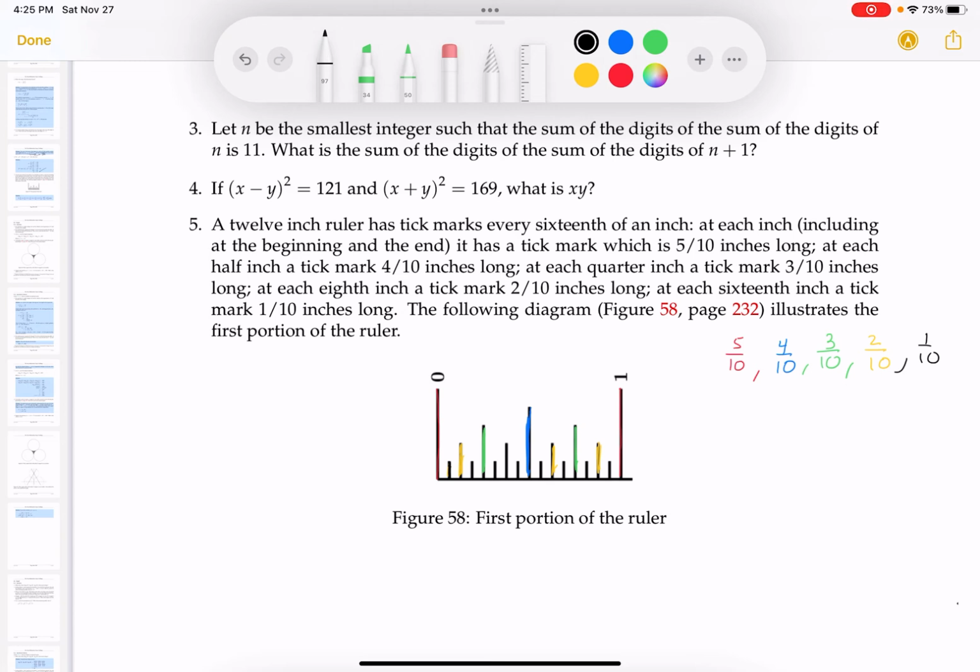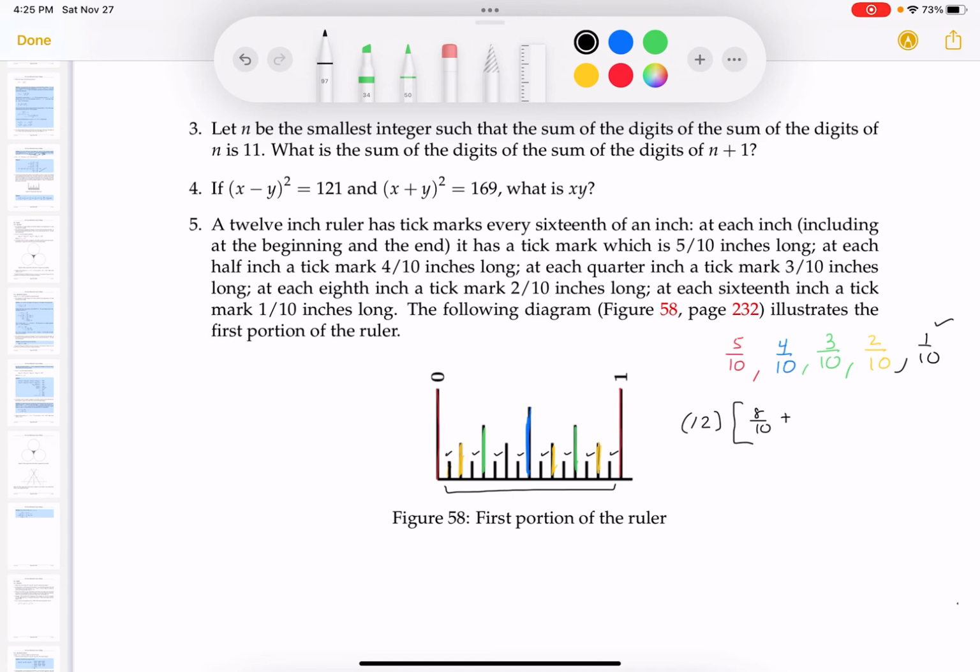Well, I'm going to do what's on the inside first. And there's going to be 12 of these on a 12-inch ruler. And what would I get? Now, I'm going to do this one first. There's 1, 2, 3, 4, 5, 6, 7, 8. 8/10.